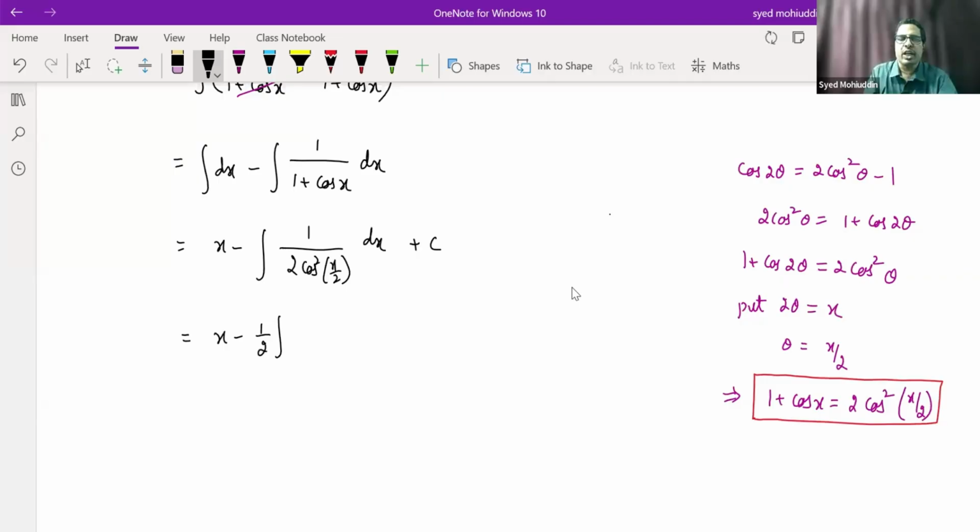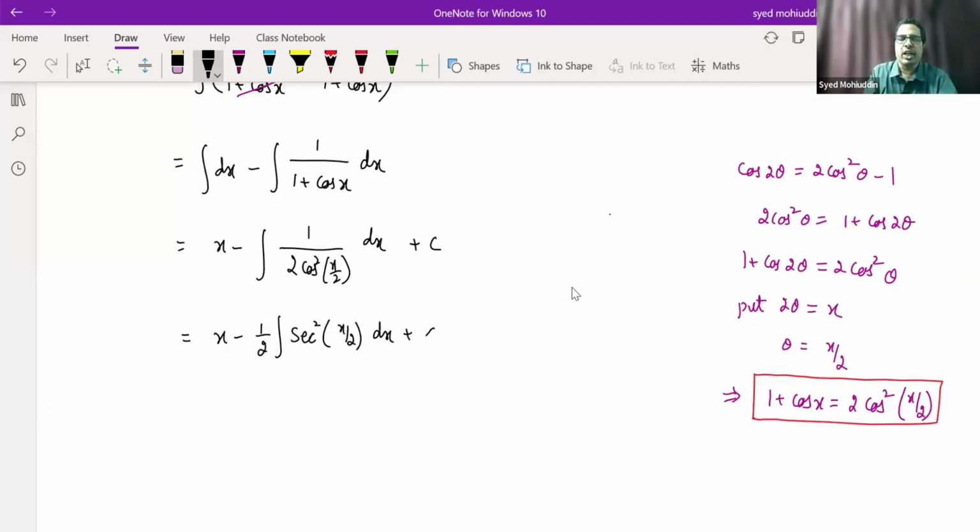Since you have integrated, you can add the constant of integration. You can take the 2 outside, and 1 by cos square, so 1 by cos becomes secant. So it will be secant square of x by 2 times dx plus the constant of integration c.